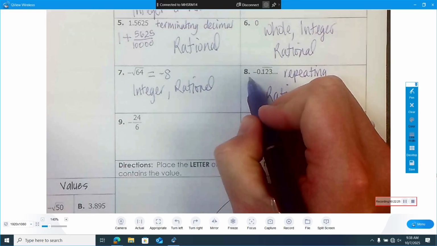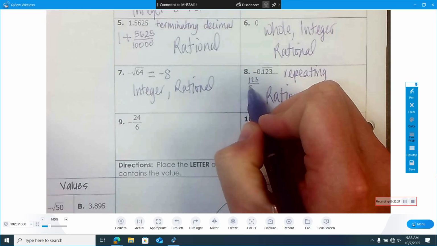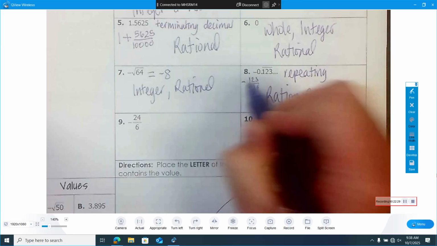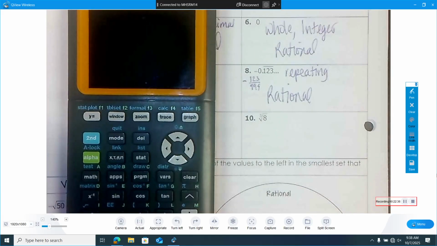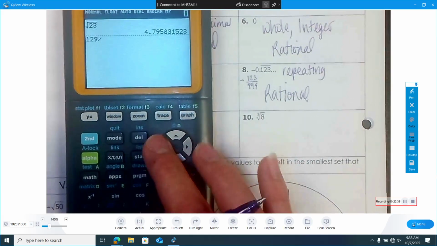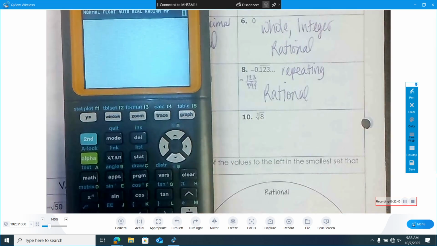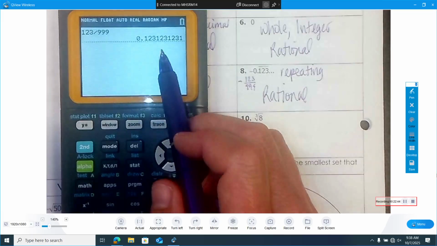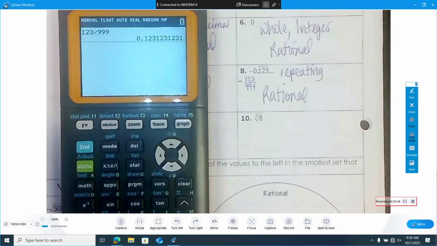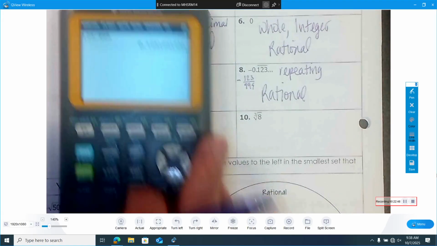And I could write that as 123 over 999 with a negative out in front. We can write it as a fraction, which is kind of cool. I mean, you can test it. 123 over 999. Look at that. 1, 2, 3, 1, 2, 3, 1, 2, 3. Really neat little pattern going on there. Okay? Really cool.